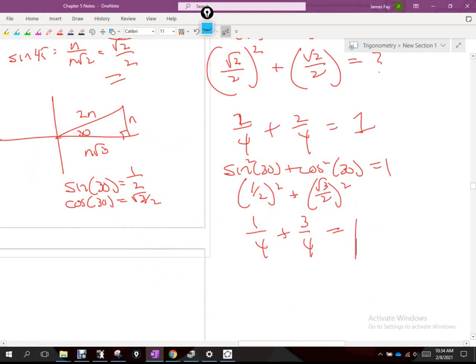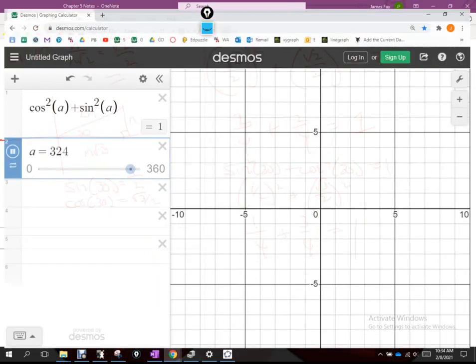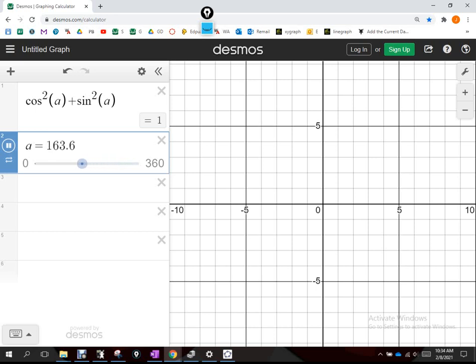We can look at this in an evaluation scenario here on Desmos. Okay. I've got cosine squared of A plus sine squared of A equals 1, and down there I define A, and I'm just letting A oscillate between 0 and 360. And you're seeing there that no matter what value of A gets plugged in, it still evaluates to 1, right?